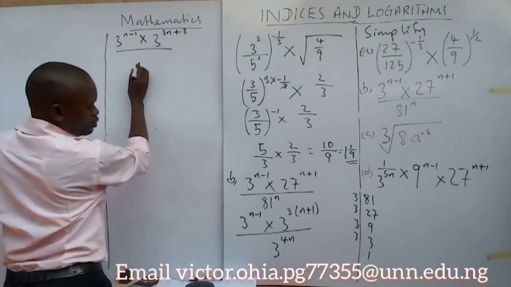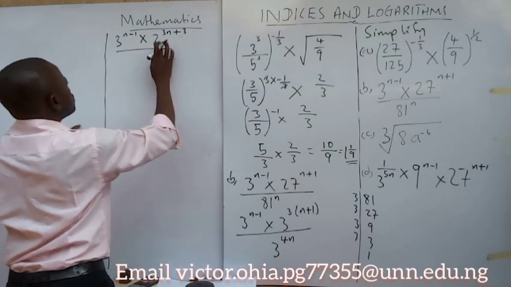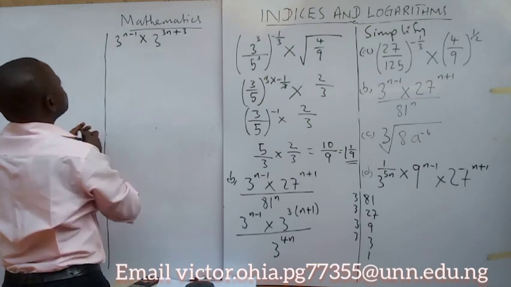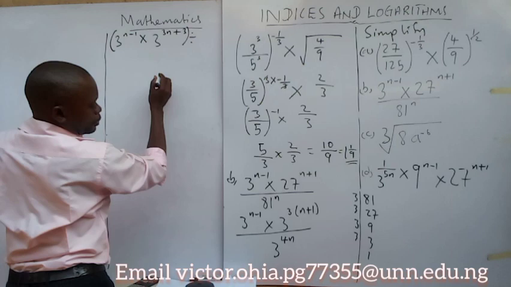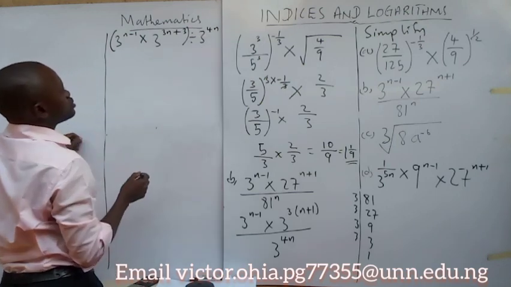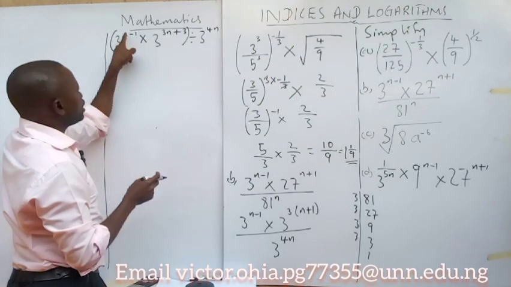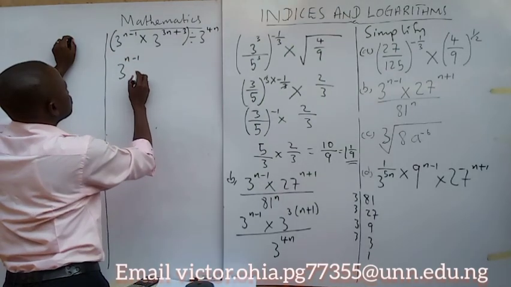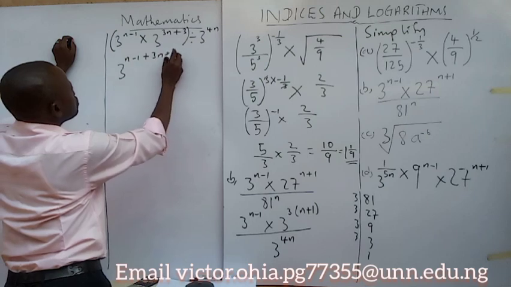This is all over, permit me to rewrite this, the whole of this divided by 3 to the power 4n. Do we get that? So by the time due to multiplication here, we add their powers. So we're going to have 3 to the power n minus 1, then plus 3n plus 3.